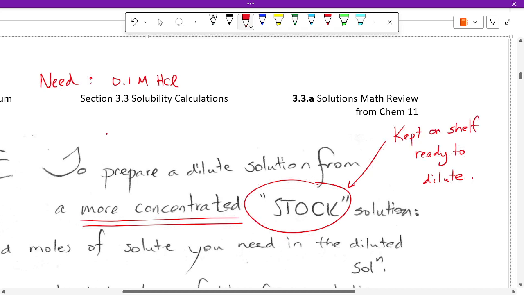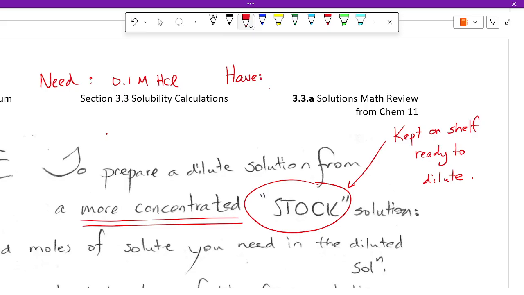In the back room, what we have is 1 molar HCl. So this 1 molar HCl is what we would call our stock solution, okay, and we would then want to dilute it down to 0.1 molar. Now, this is a pretty easy one. If you wanted to do this, by what factor are we wanting to change the concentration?